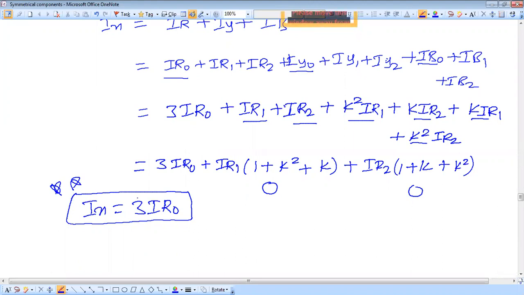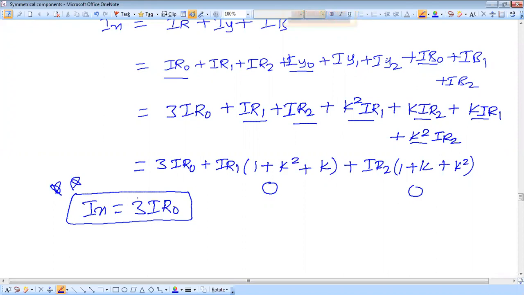Because in the positive and negative sequence, current does not flow from neutral to ground. For that reason, neutral is taken as the reference for the positive and negative sequence networks. But the zero sequence current flows from neutral to ground or ground to neutral based on the type of fault.